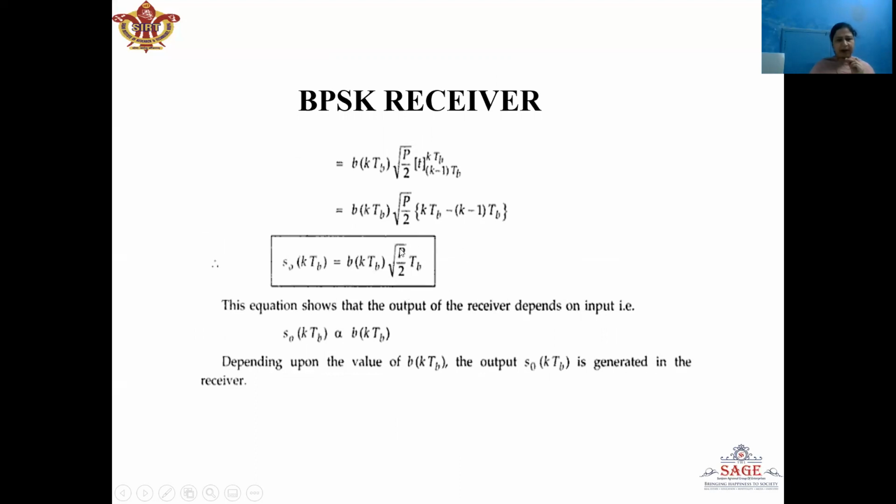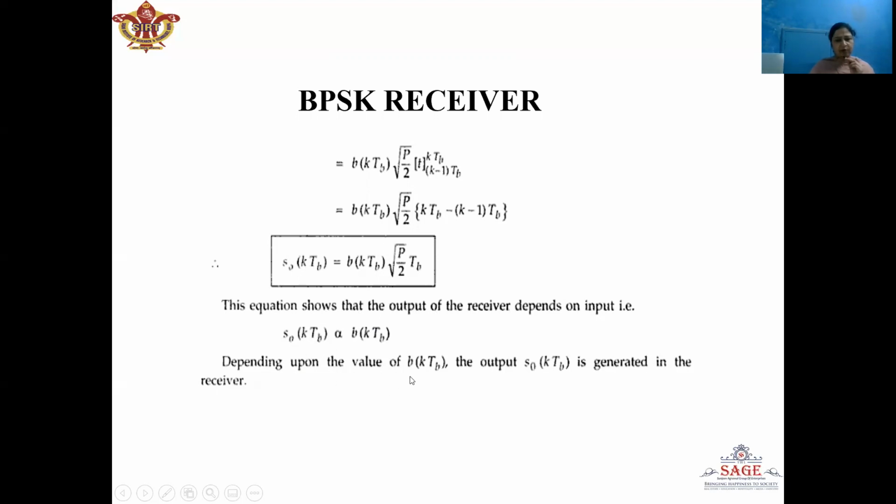Here P is the power of the carrier signal, which has a constant value, and TB is the bit interval, which again has a constant value. So here we can see that the output of the receiver, s naught (k TB), depends on the input b(k TB). When the input message signal b(t) is 1, s naught will have a positive value, whereas when b(t) is a negative value, then the output voltage will have a negative value.